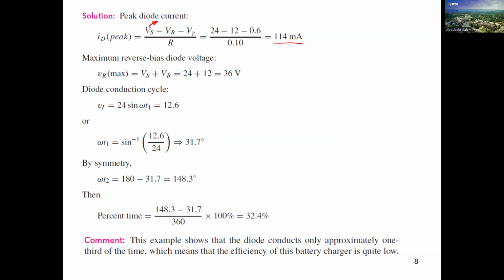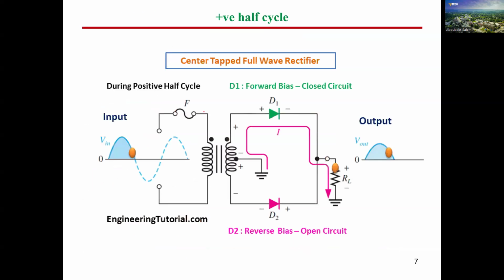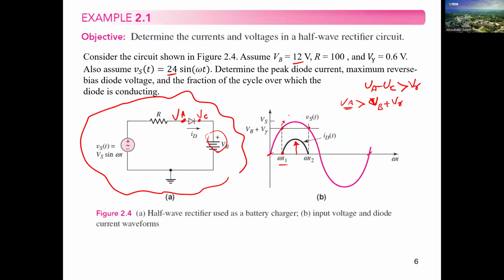So this is the first thing needed here. The second part is what the maximum reverse bias diode voltage is. Let's go back to the circuit again. We mentioned, guys, that in a half wave rectifier, the maximum voltage is the same as the peak of the supply. But here, our load is not a resistance.